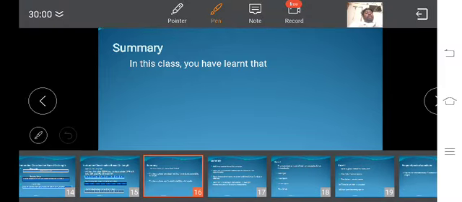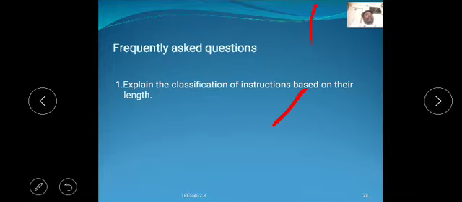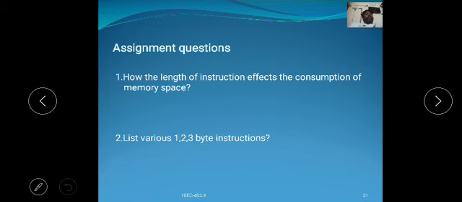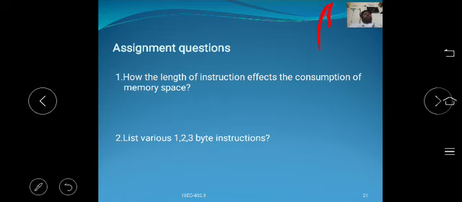This is our question: explain the classification of instructions based on their length. The assignment: how does the length of an instruction affect the consumption of memory space?